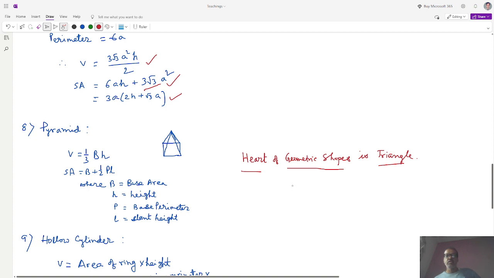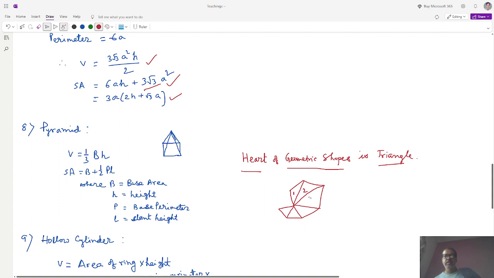Because any type of shape, any arbitrary shape, can be divided into triangles.